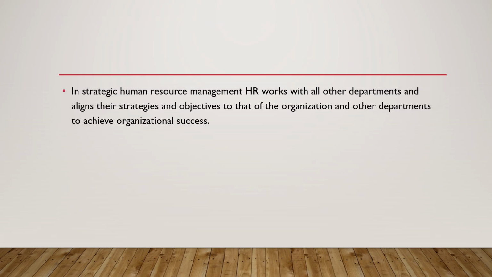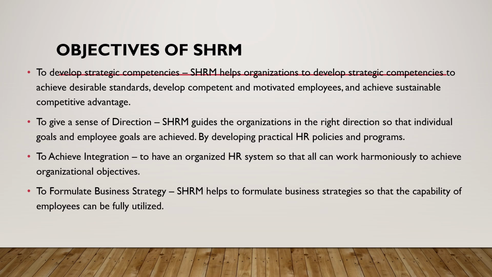So, in strategic human resource management, HR works with all the departments and makes sure that they align their HR activities according to the strategies and goals of each department in the organization. So, what are the objectives of SHRM? They have to develop strategic competence.